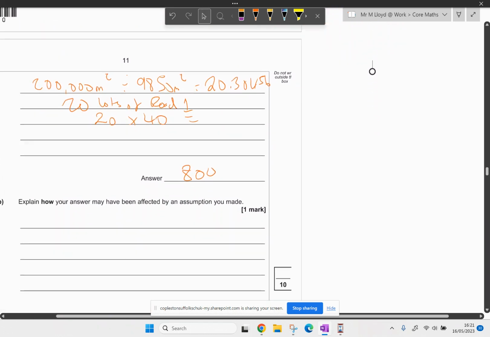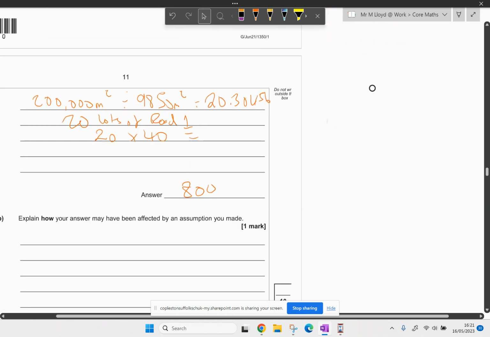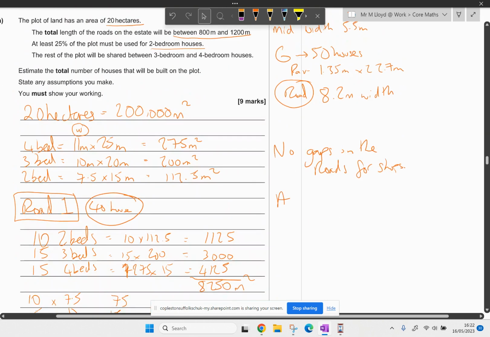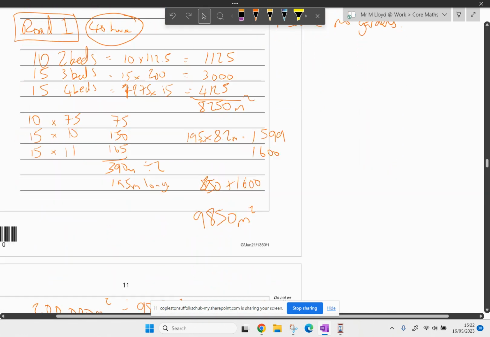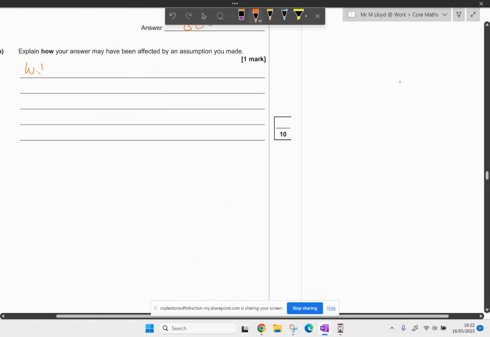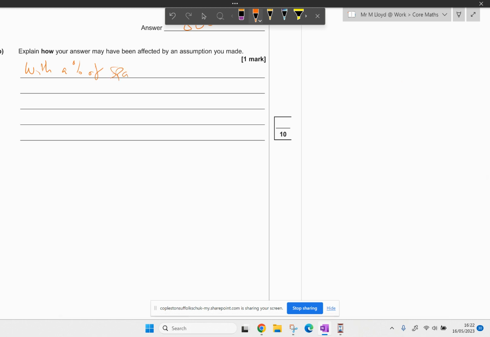Explain how your answer might be affected by an assumption you made. Well, I'm going to put up here as well. I'm going to say assume no gardens. And then I'll say with a percentage of space for gaps, parks, etc. My answer would be lower.